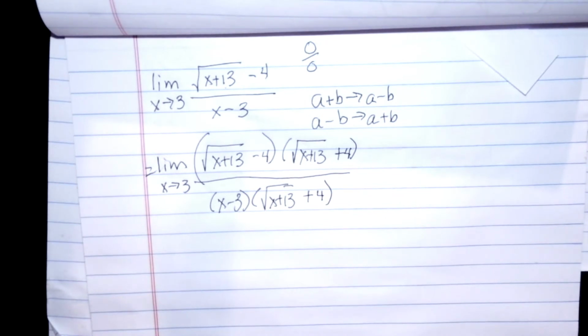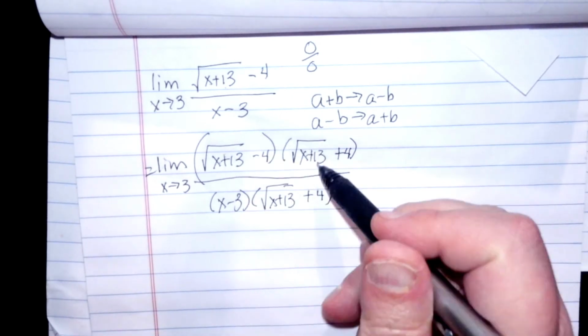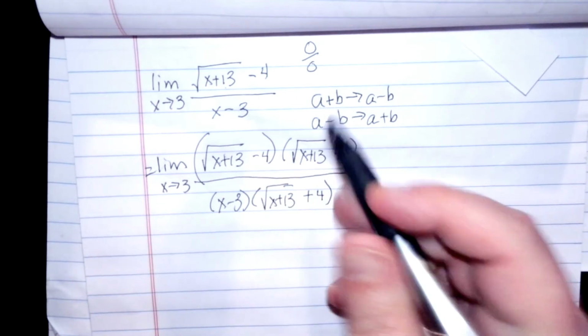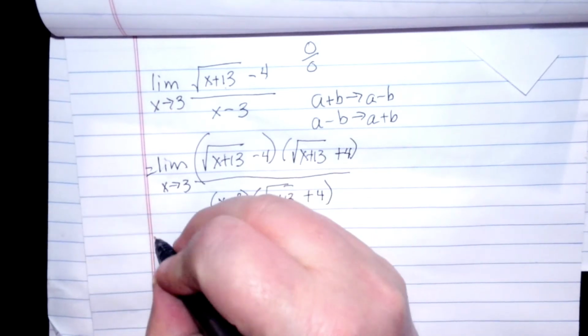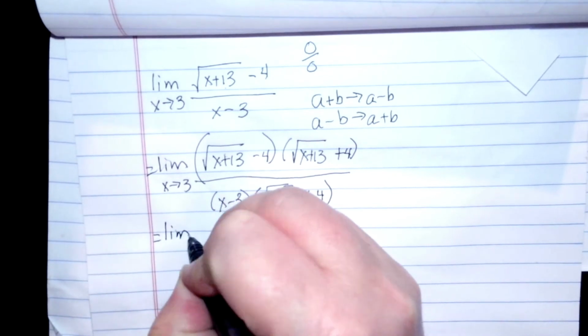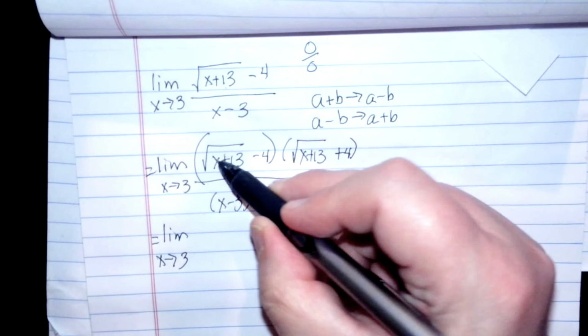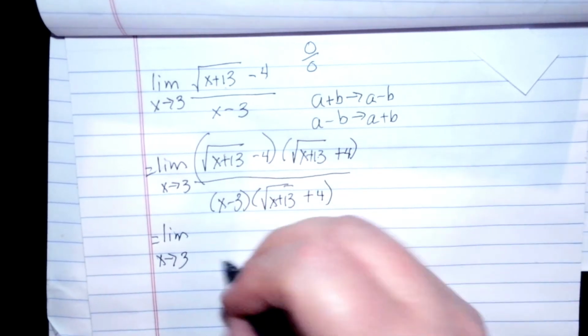Now, what we would like to be able to do is cancel something out. Well, in order to cancel something out, we're going to need to multiply the numerator out. So if we multiply that out, we're going to get the square root of x plus 13 times the square root of x plus 13.